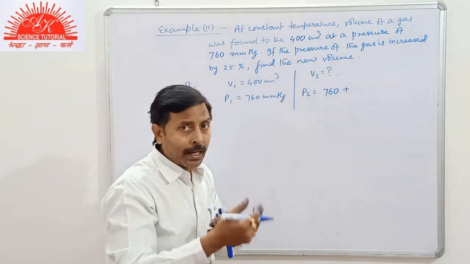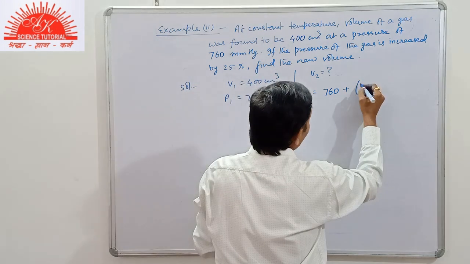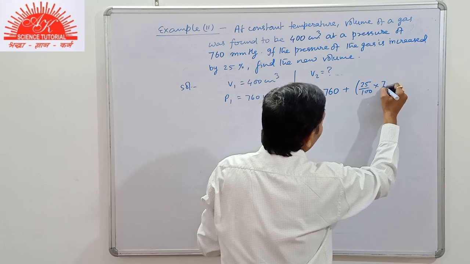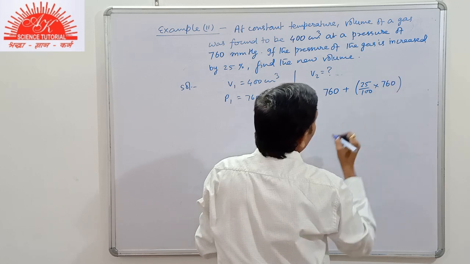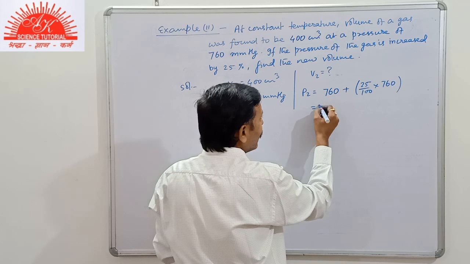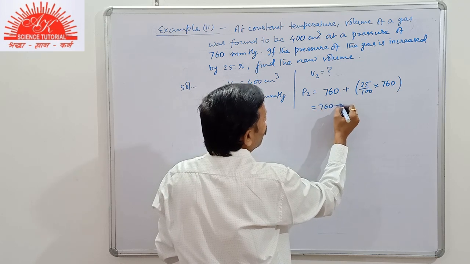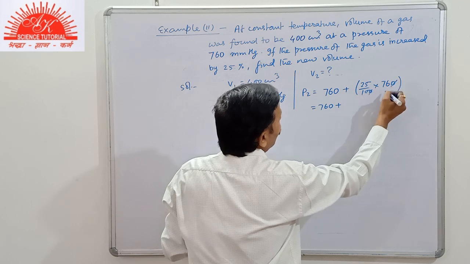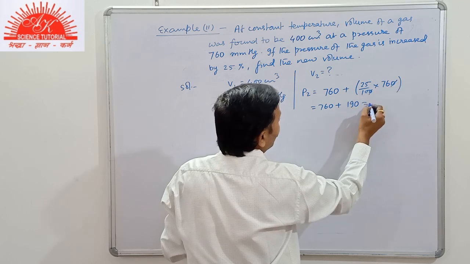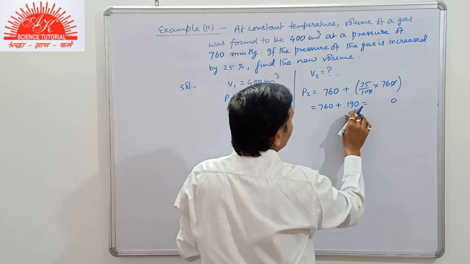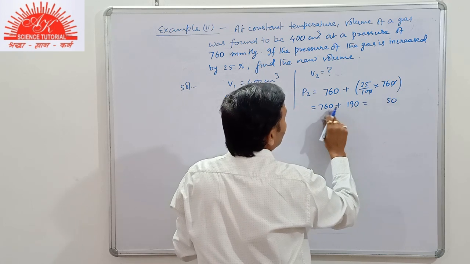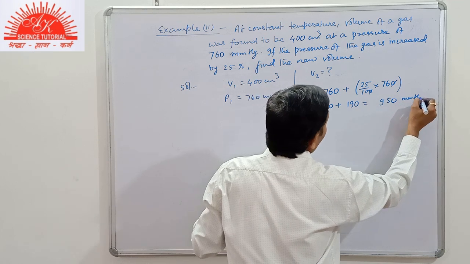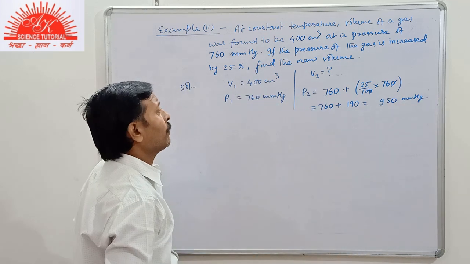In this it has to be added, increased by, that is 25% of that initial value. Hence it is 760 plus 190. Hence it is 950 mmHg. Now this is the factor.